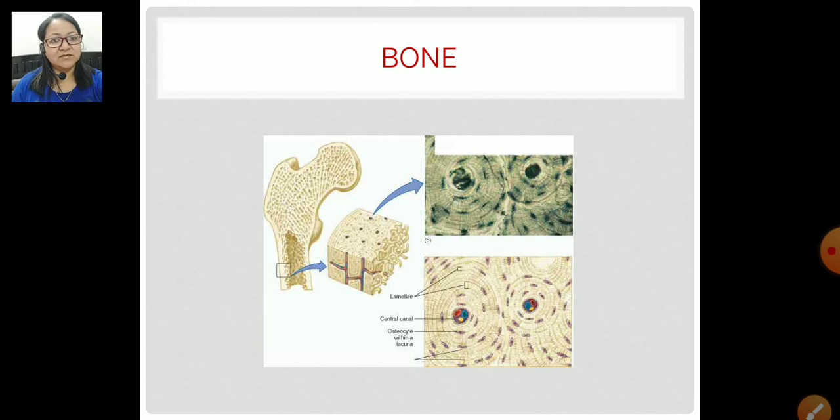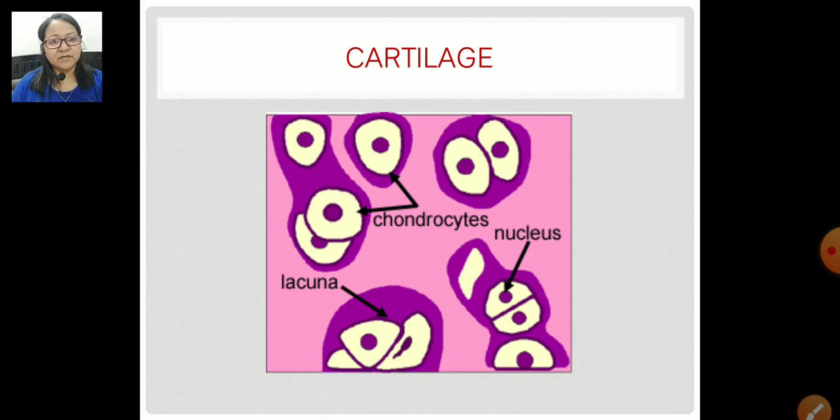Next is cartilage. In case of cartilage, the matrix is made up of protein and sugar, and it is solid but not as solid as the bone. Bone becomes more solid than the cartilage because of the deposition of salts of calcium and phosphate.